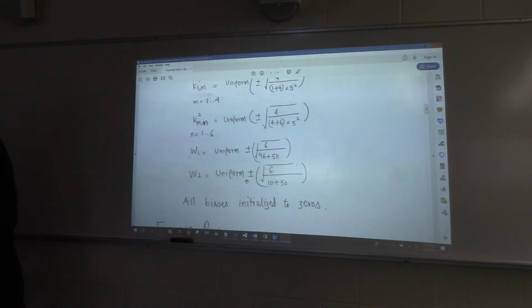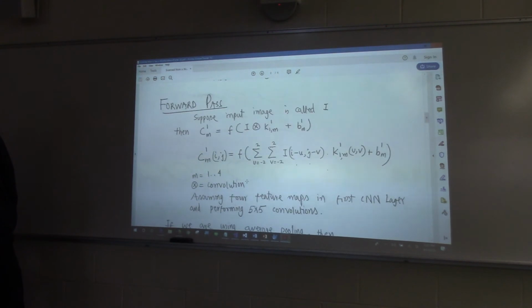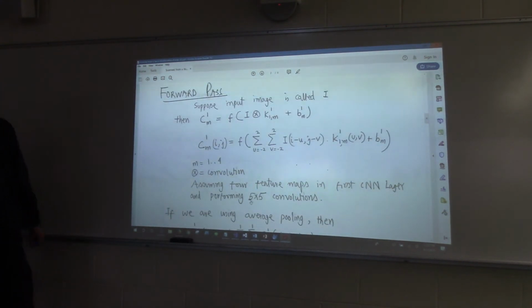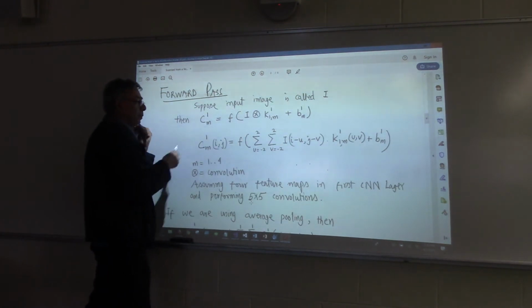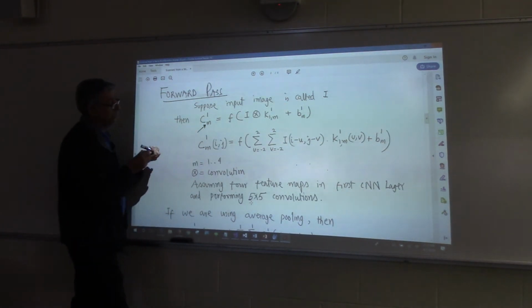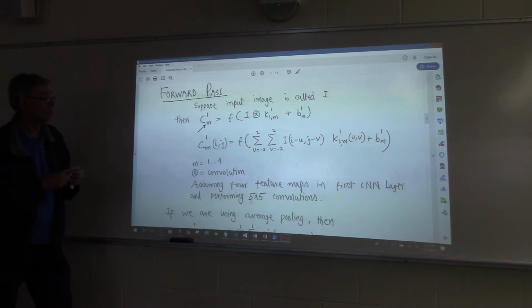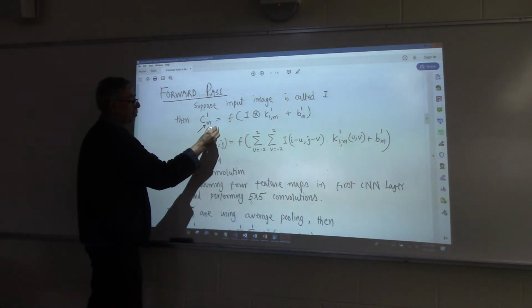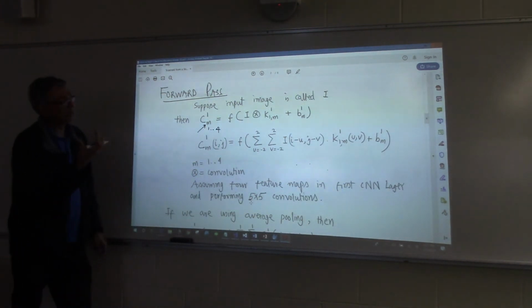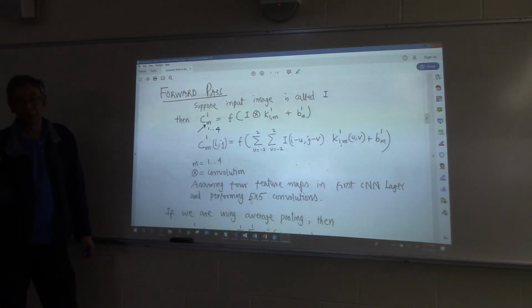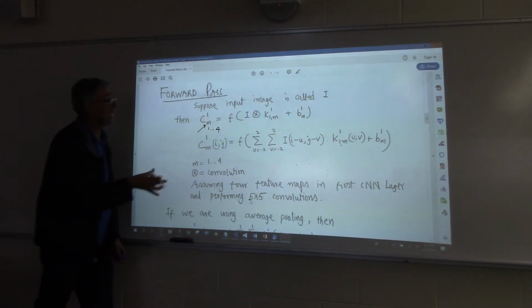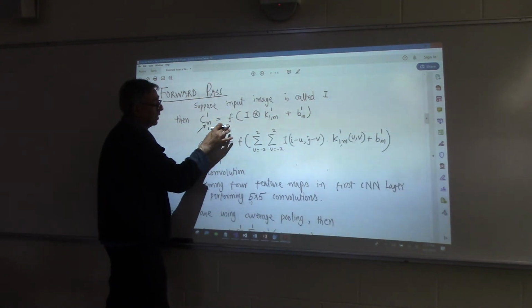This way it will be less confusing as we write the math. So what will M vary over in this equation? From 0 to 4, right? 1 to 4. I'm starting the index at 1 instead of 0, but when we write the code it will be 0.